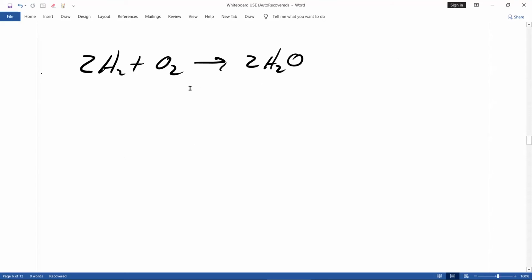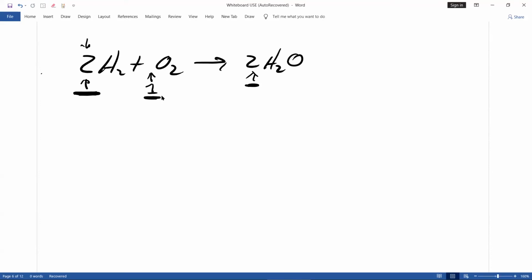Thank you. What this means is really the coefficient, the number in front. And when there's no number in front, the number is 1. So what this really means is 2 moles of hydrogen react with 1 mole of oxygen to give 2 moles of water.